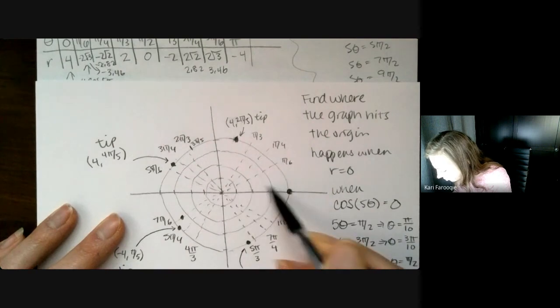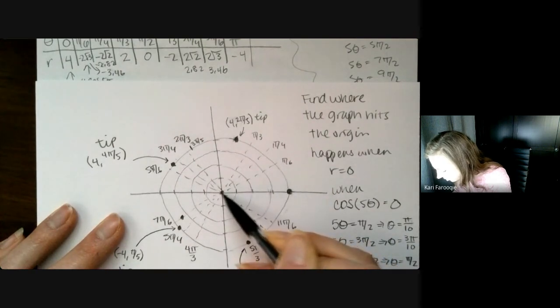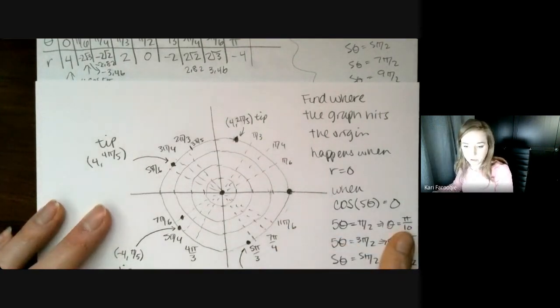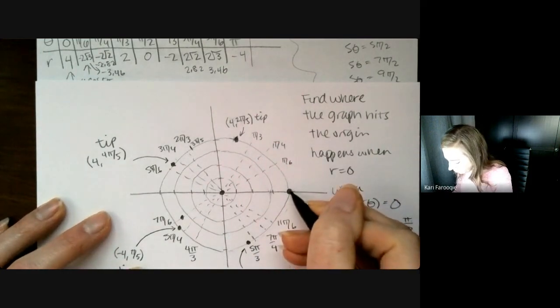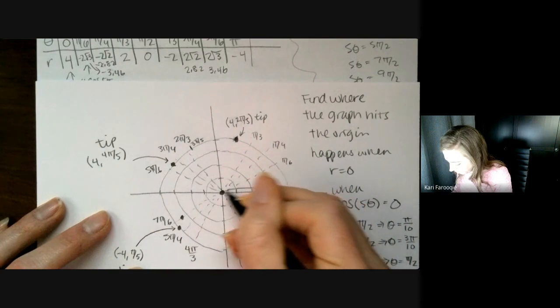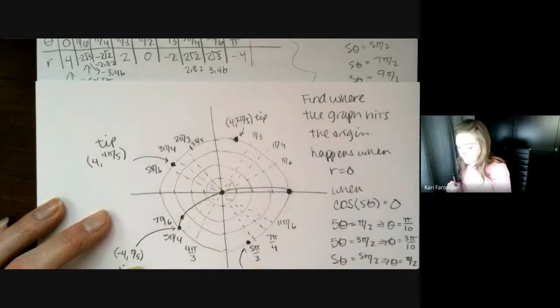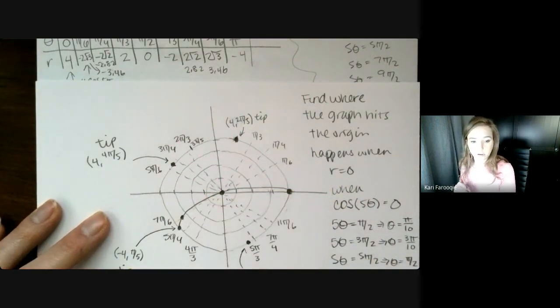As you start to increase your way up, you do indeed go through the origin because you have a point at 0 and pi over 10. So your graph is going to sort of go like this. You're going to start to see these petals start to emerge. Let's see what happens next then.